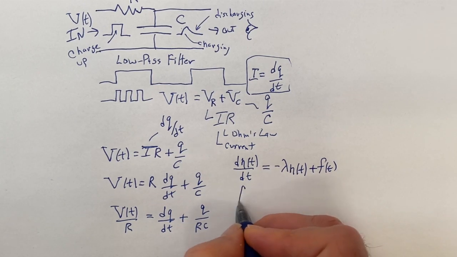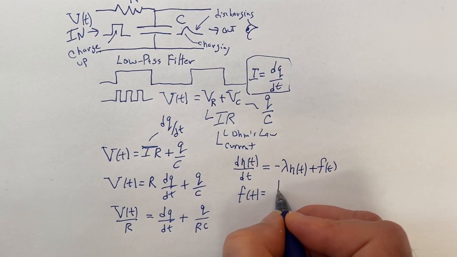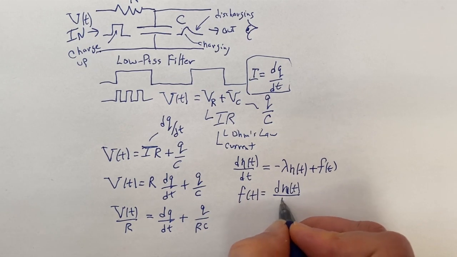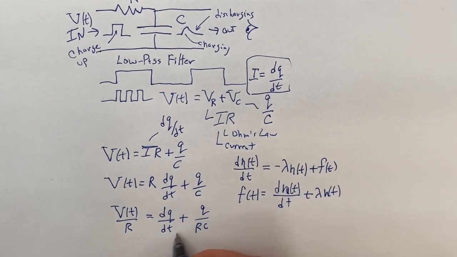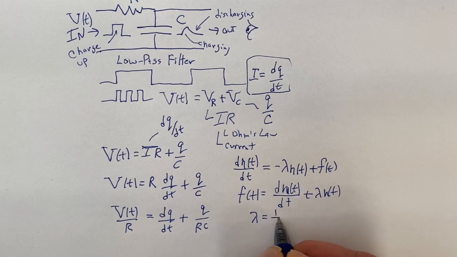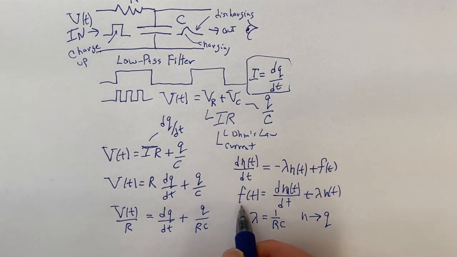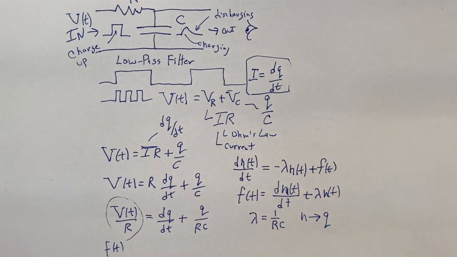Now, if we look at that over here, on one side of the equation we get dN/dt plus lambda N. This looks like the same equation. Here you have lambda equal to 1 over RC, and the N is being replaced by the charge. And this is your F of t. So we already know what's going to happen in this case. We have a convolution problem.